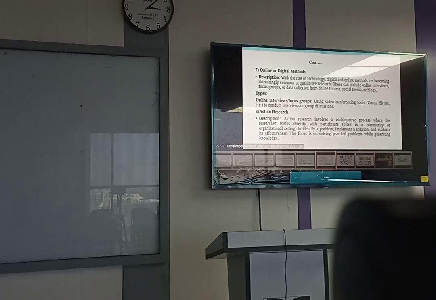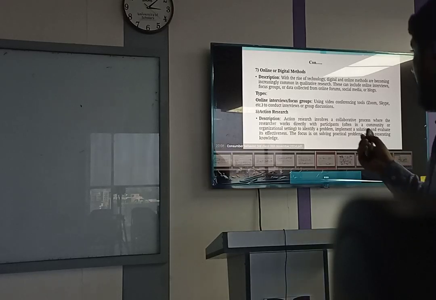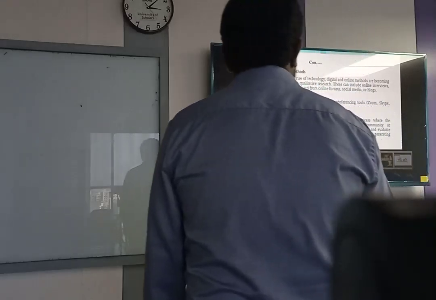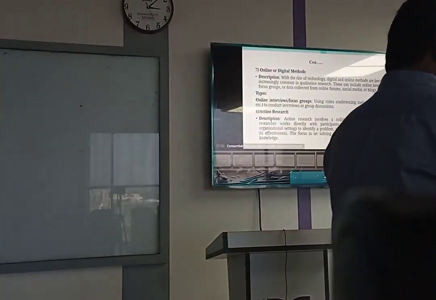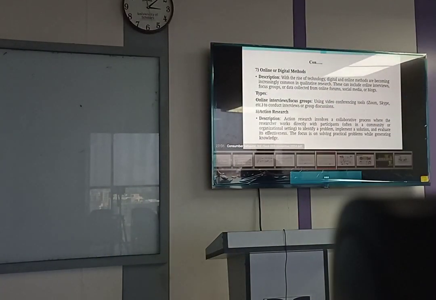Online or digital methods. With the rise of technology, digital and online methods are becoming increasingly common in qualitative research. So online methods are taking their place in research methodology. In the qualitative research field, online methods are becoming very common now.